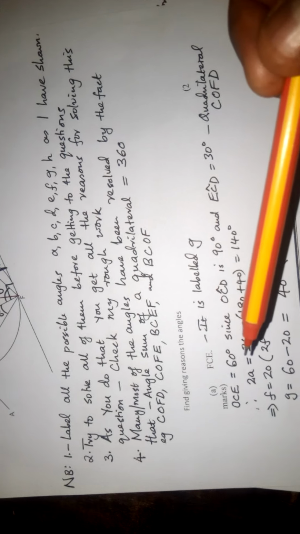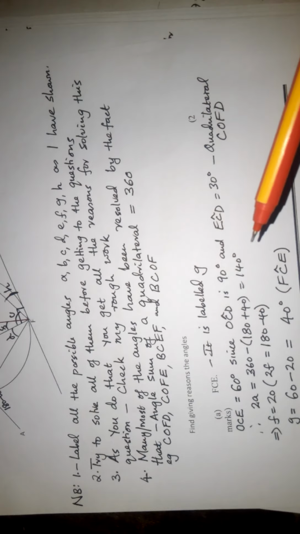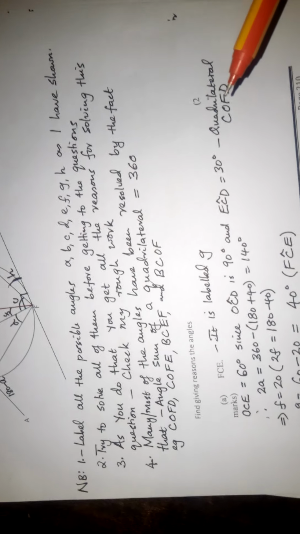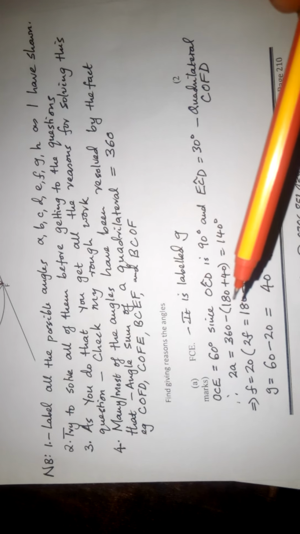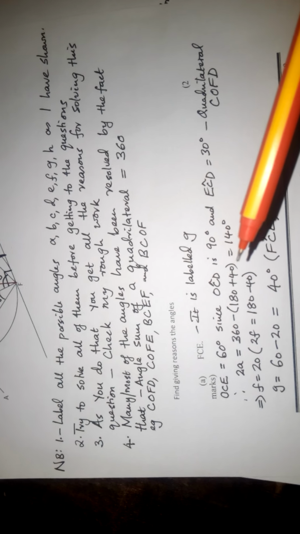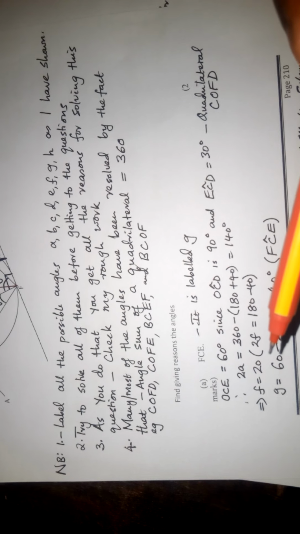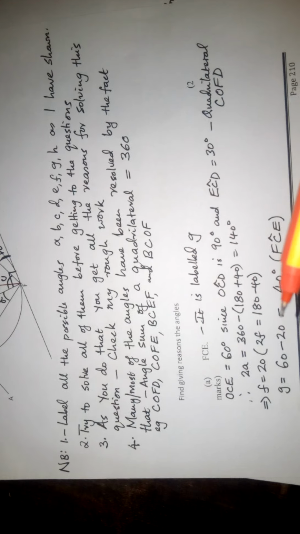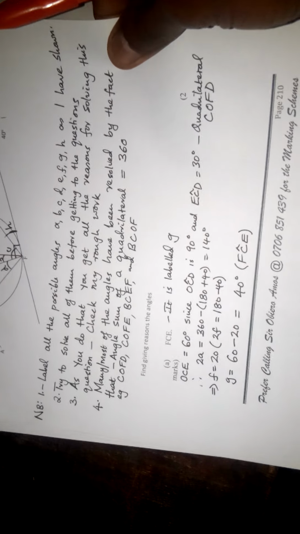So OCE is equal to 60 degrees, since OCD is 90 degrees and ECD is 30 degrees. Remember that is a quadrilateral COFD, meaning 2A is equal to 360 minus (180 plus 40), which is equal to 140, and angle F is equal to 20 degrees. So G is equal to 60 minus 20, which is equal to 40, and that is the angle FCE.